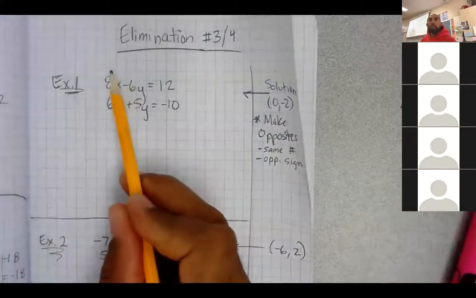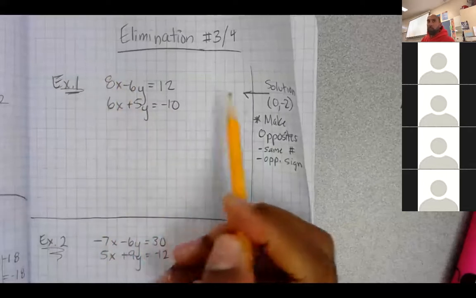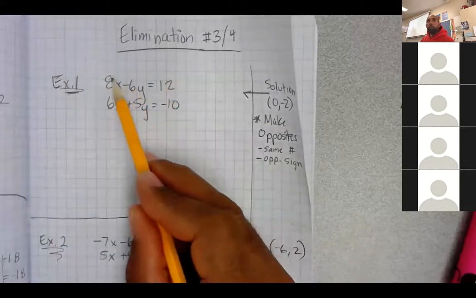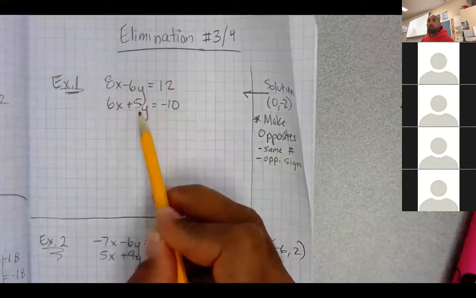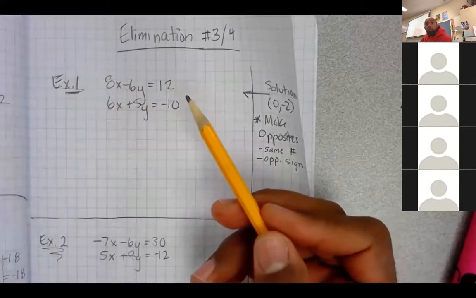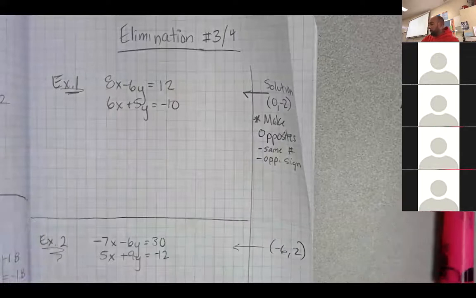All right, if I'm looking at the x's, they're not the same number, and neither is the y. Okay, well, I don't have that, but how about opposite sign? Well, these are both positive, but these are opposite signs. So if they're already opposite signs, that's probably the easiest variable to eliminate. So that's what we're going to eliminate.